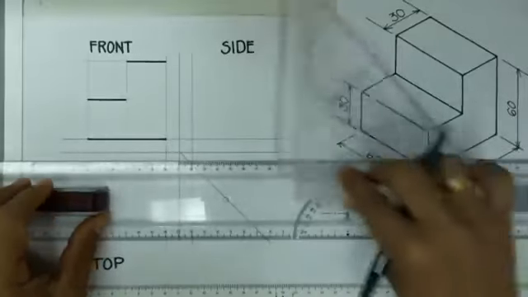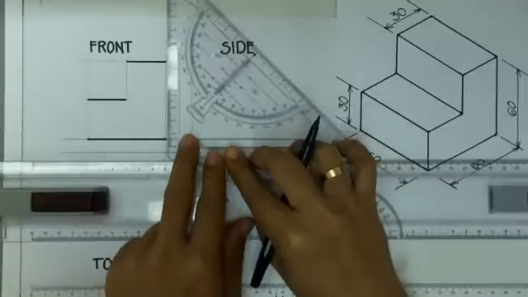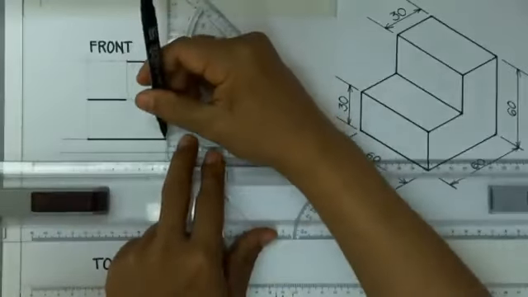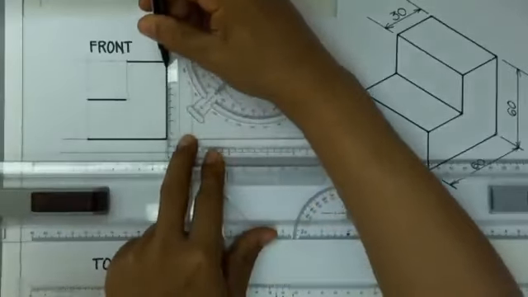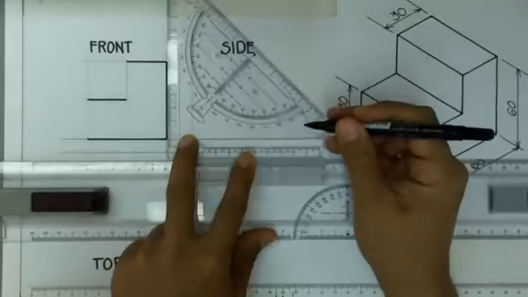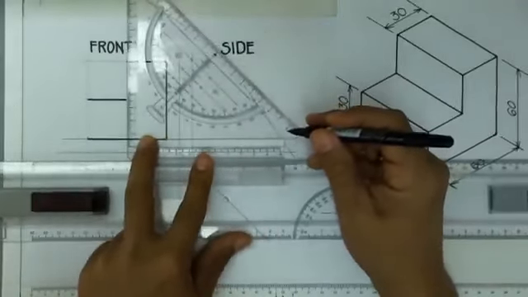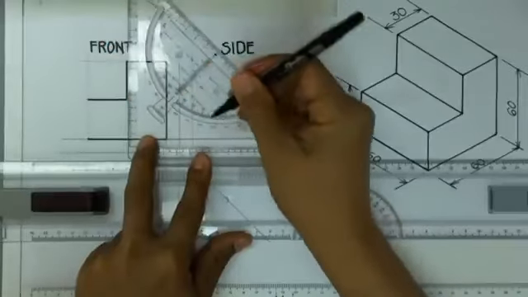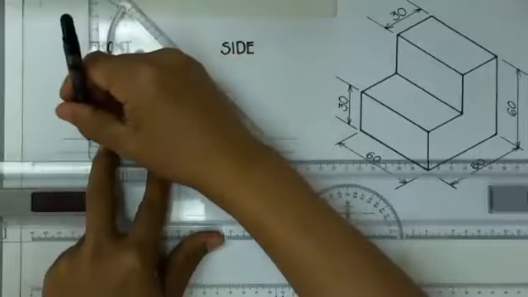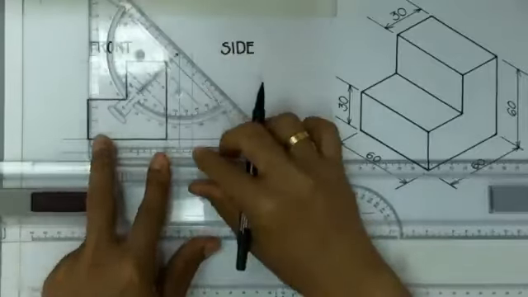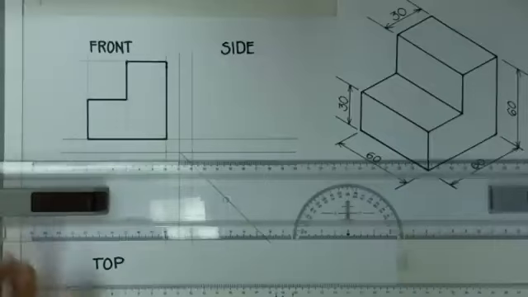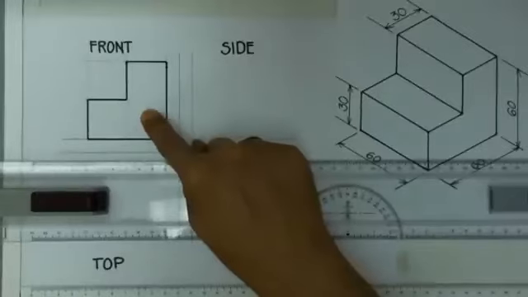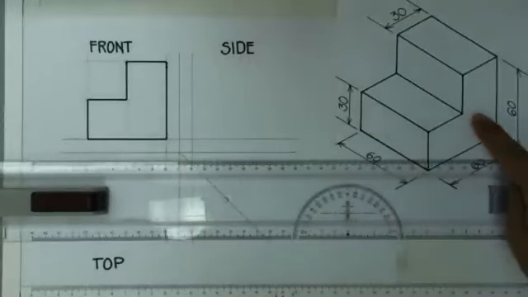And then using your triangle, make the vertical lines. There you have it, our front view. As you can see, this is the same as with our front view here.